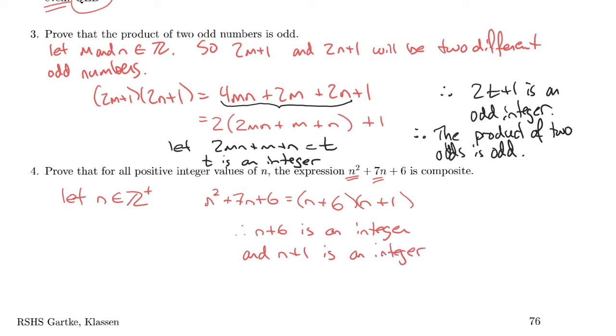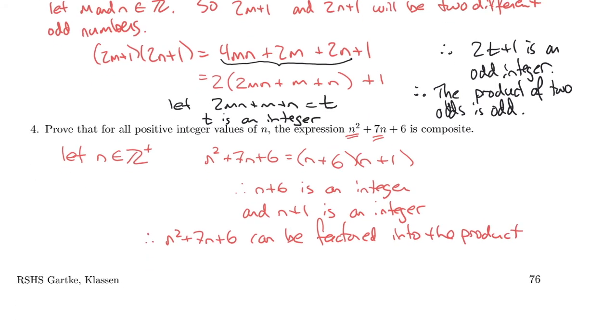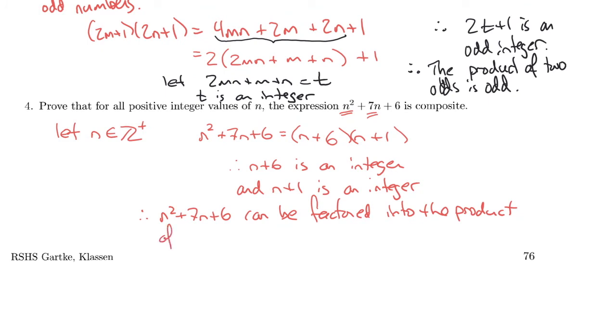And so as a result, what we can do here is, therefore, n squared plus 7n plus 6 can be factored into the product of two integers, so it is composite. Because that's what a composite number is by definition. And that's all we really needed to show.